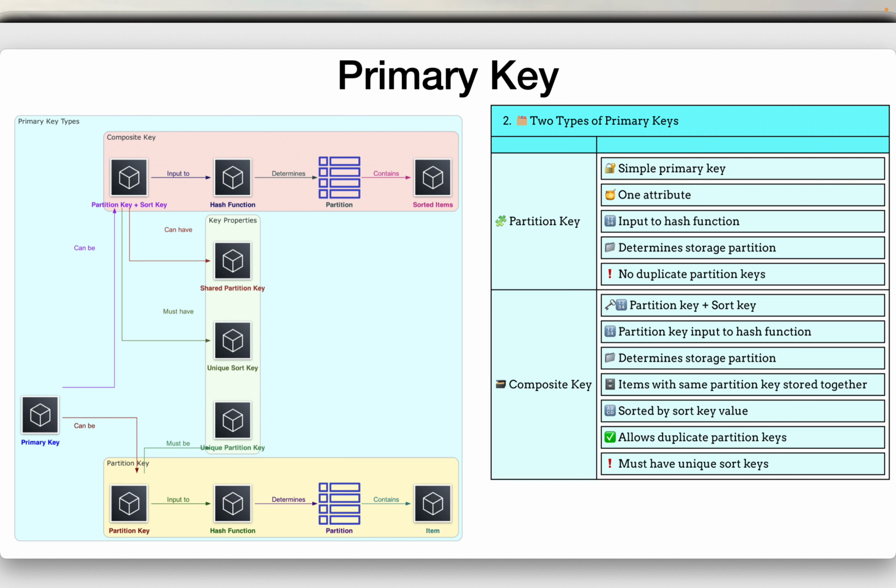And DynamoDB uses the partition key value as input to an internal hash function. The output from the hash function determines the partition, which I talked about, the physical storage internal to DynamoDB, in which the item will be stored. All items with the same partition key value are stored together in sorted order by sort key value.